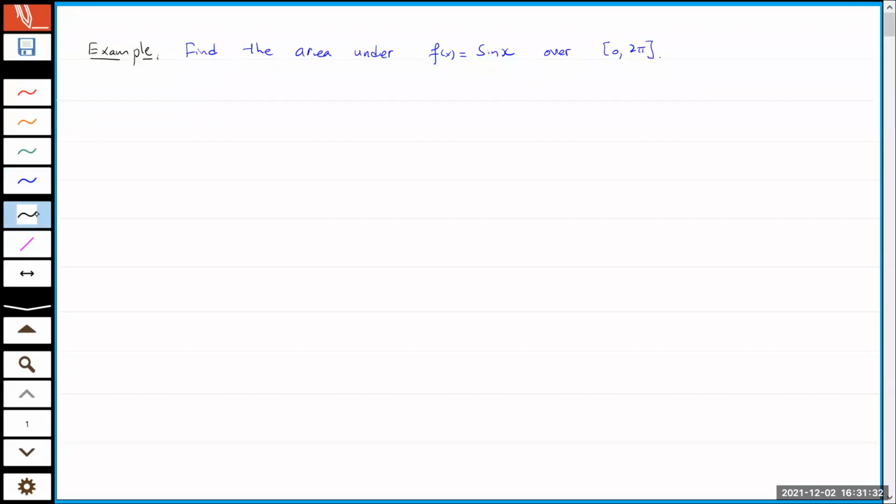When we did our calculations, we had area equals the integral from 0 to 2 pi of sine x dx. That came out as 0.